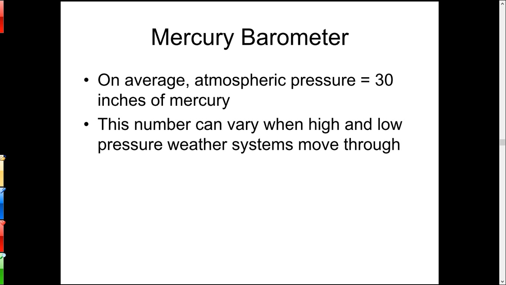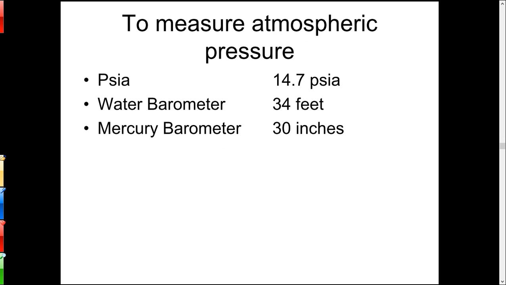And if you ever watch the weather report, they'll often tell you what the atmospheric pressure is currently in inches of mercury. So average atmospheric pressure can be described 3 different ways now: 14.7 psi-A, 34 feet of water, or 30 inches of mercury.